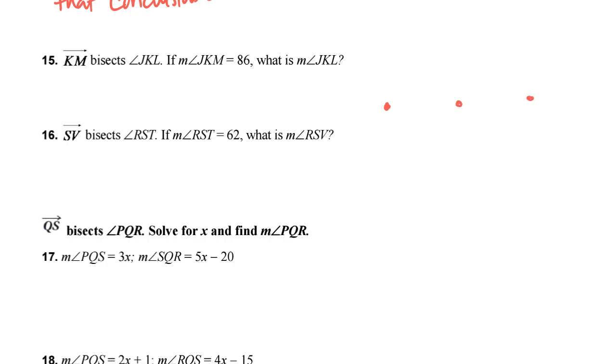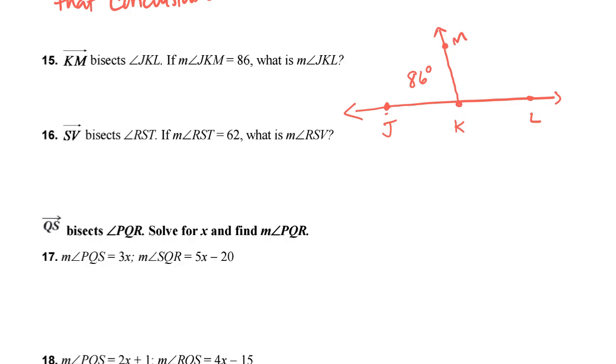So we have JKL, and I know that it's going to be bisected by ray KM. So I know that angle JKM is 86 degrees.